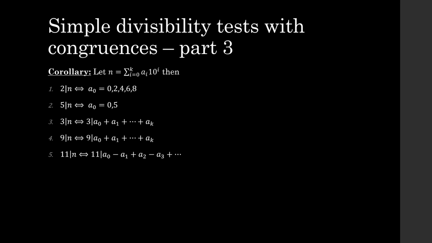So we've got some divisibility tests for those, but we want even more. And so now we're going to consider divisibility tests for 7 and for 13. So let's let n again be in base 10. We've got that 7 divides n if and only if 7 divides (n minus a0) over 10, minus 2 times a0.